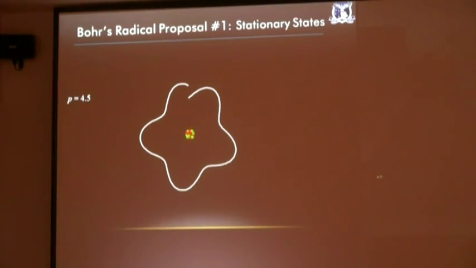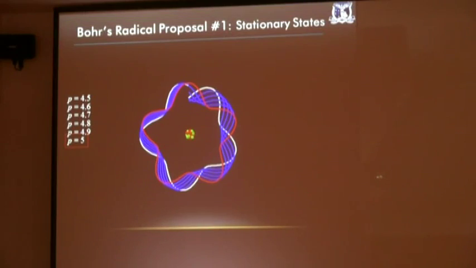So this wave would oscillate around all over the place, it wouldn't be a stationary state. Let's tweak it a little bit, tweak it a little bit, until finally, bingo! We've now got a wave that fits perfectly around the atom. The wave joins up with where it started from, and this is a stationary state. And trying to imagine the electron existing as a stationary state is quite difficult. And this caused a lot of controversy when Bohr put this idea forward.